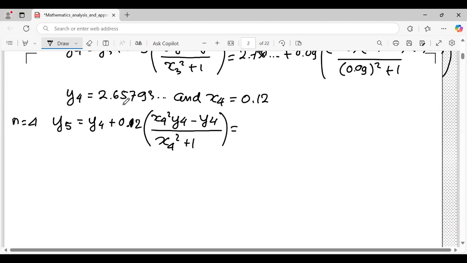It becomes y4 is 2.65793 plus 0.12 times 0.12 squared times y4.